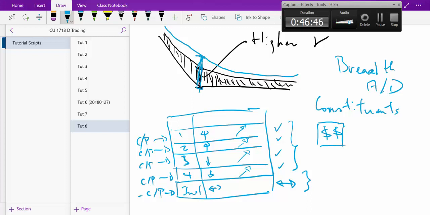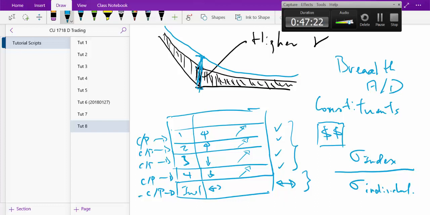The cost of it can change over time depending on the volatility of the index, so I'll put that on top, relative to the volatility of the individual components, the individual stocks.